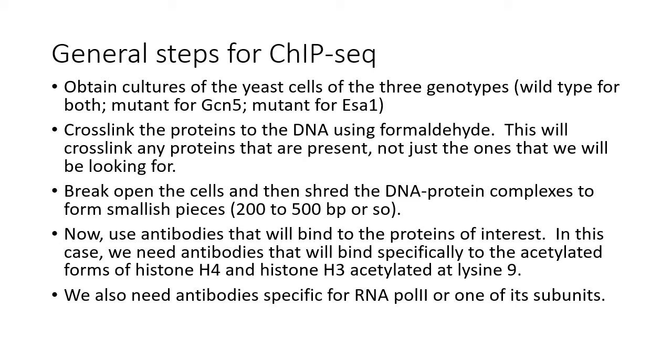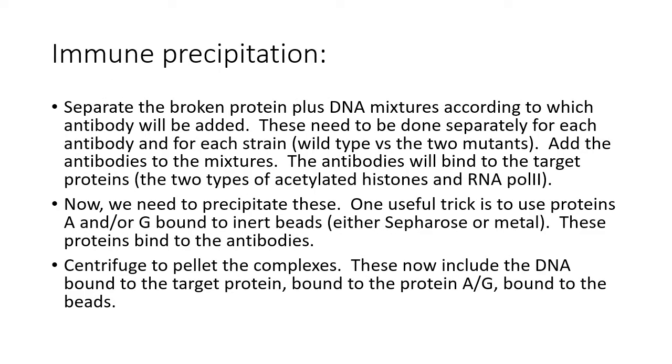Okay, so now after we've gotten our antibody, we're going to separate our broken protein plus DNA mixtures according to which antibody will be added. So we need to have a separate extract or a separate sample for the wild type versus the mutants, and also for the different antibodies that are going to be added.